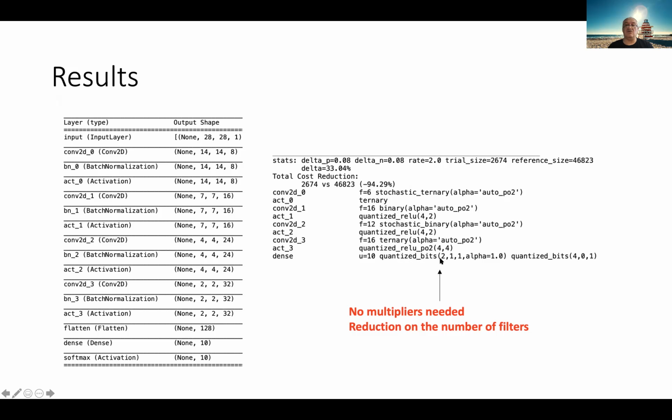So you can see that we can implement this network without any multiplication whatsoever, and you can still get a very good result with a reduction of 94% of the power. Right now, we only have estimators for power, but since my power estimation depends on the number of operations and the strength of the operation, you can consider this to be a weak estimator for the area as well.